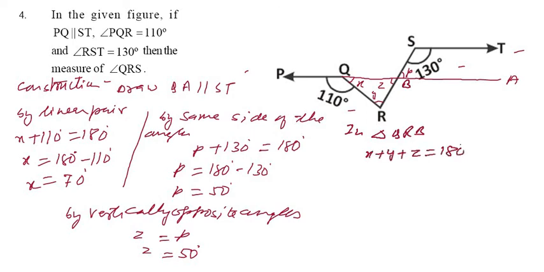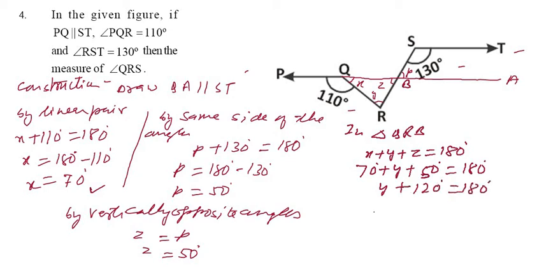Put the value of X. Where is the X? It is 70 degrees. So you can write here 70 degrees plus Y, we want to find, and Z is equal to 50 degrees. So you have to write 50 degrees. It is 180 degrees. Now Y plus 120 will be equal to 180 degrees.